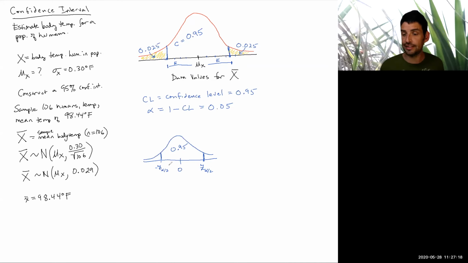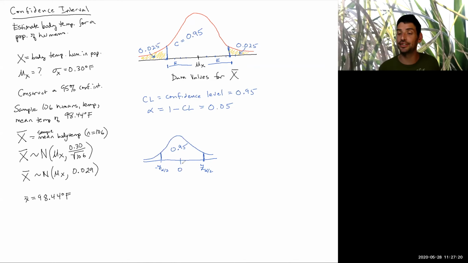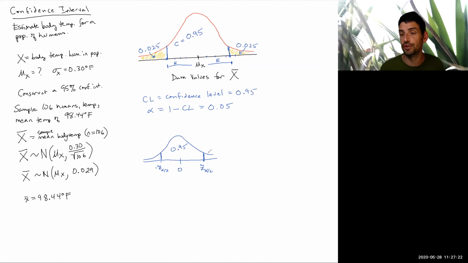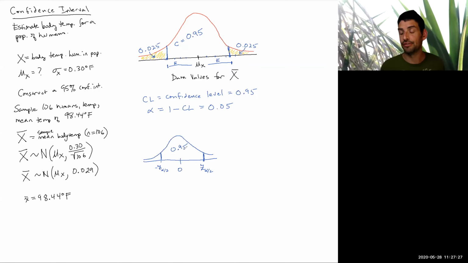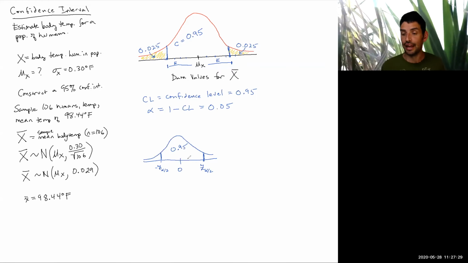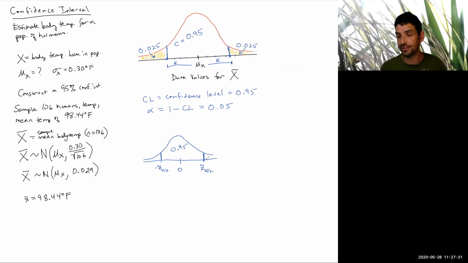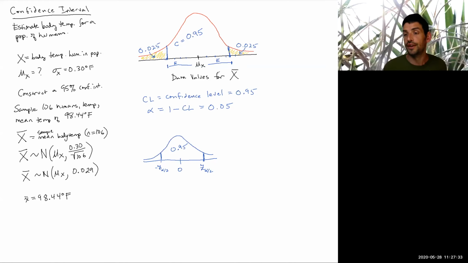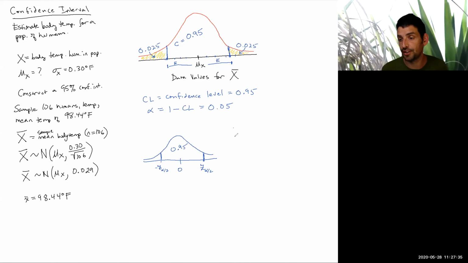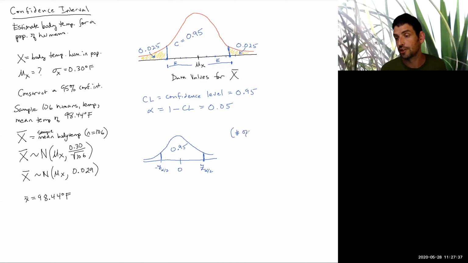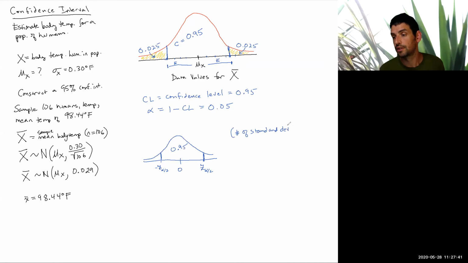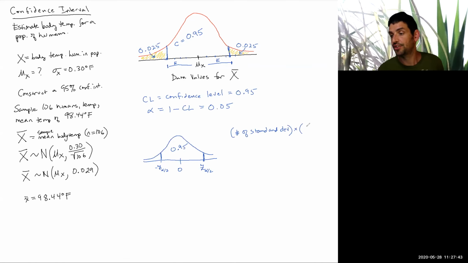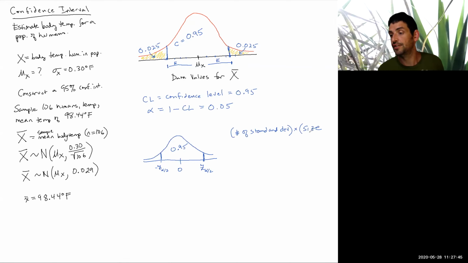We're going to find these z-scores to find how many standard deviations we have to move from the mean to get 95% of the data. Once we know how many standard deviations we have to move, then we can translate that: the number of standard deviations times the size of a standard deviation.